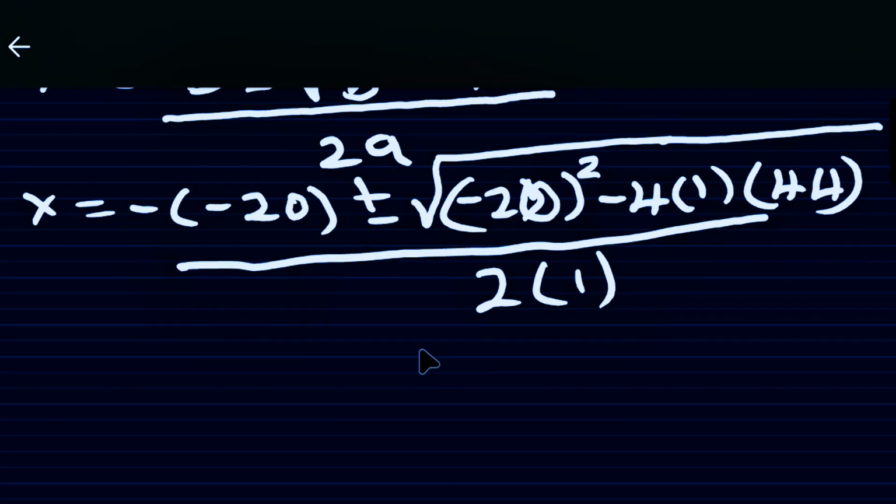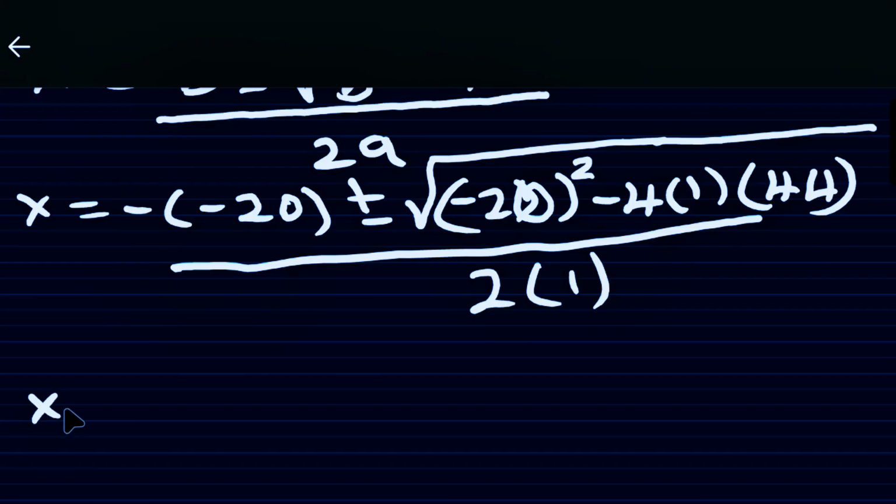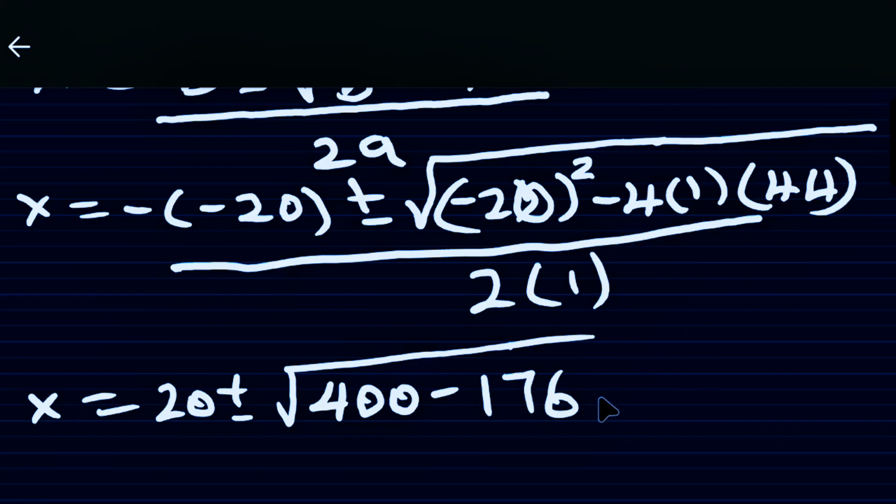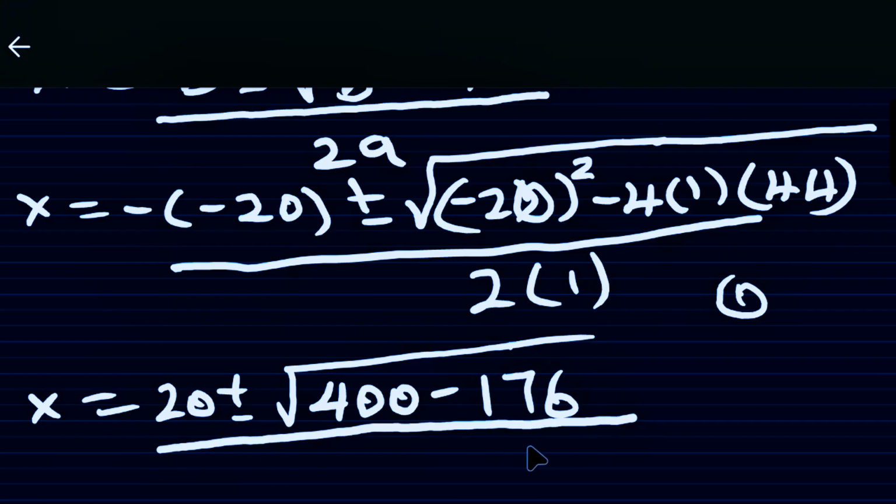So from here we are going to have that x will be equal to minus multiplied by minus 20 will give us positive 20, then plus or minus square root of minus 20 all squared is 400, minus 4 times 1 is 4, 4 times 44 will give us 176, because 4 times 4 is 16, we'll write 6 and keep 1. 4 times 4 is 16 plus this 1 is 17, so that is how we arrived at 176.